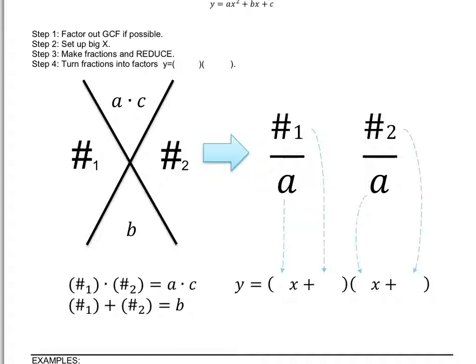Step 3 is we take these numbers that we found, whatever they are, and put them in fractions where the denominator is A. All right? Once you've done that, you have to reduce if possible, or else it doesn't work. Reduce is so important. All right? Reduce if possible. And then these fractions are actually going to turn into our factors.